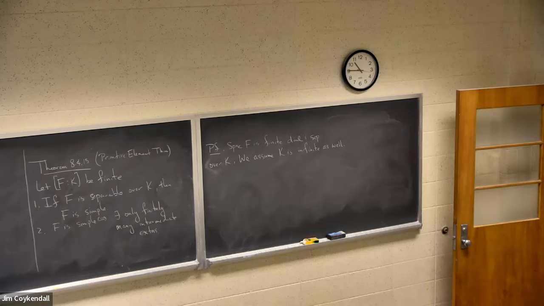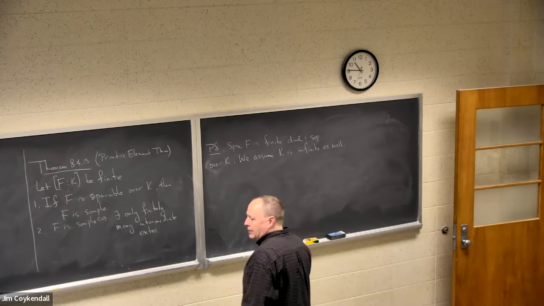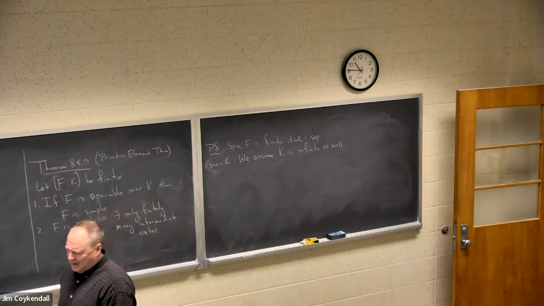It's cyclic, right? And so in this case, F is a finite field. The primitive element is whatever the generator of the multiplicative group is. So in the finite case, this is true. And in fact, it's easier. So we might as well assume that K is an infinite field.